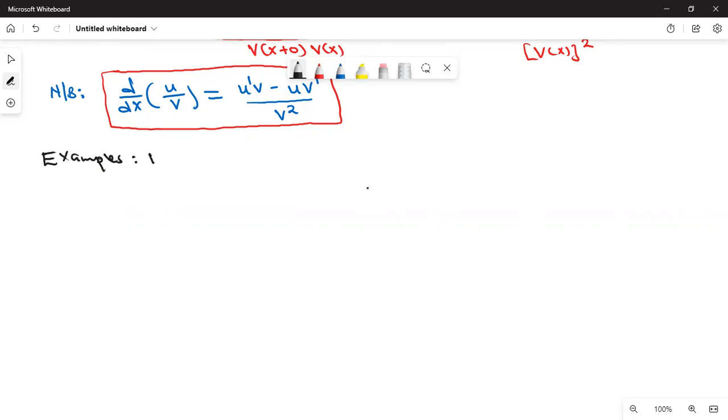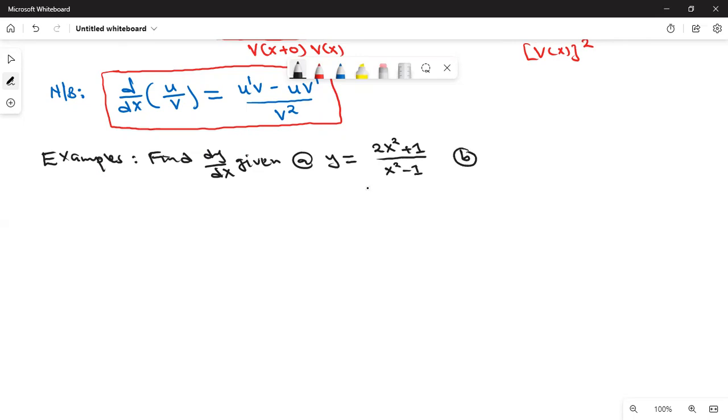You are asked to find dy over dx given that in part A we have y equals 2x squared plus 1, divided by x squared minus 1.